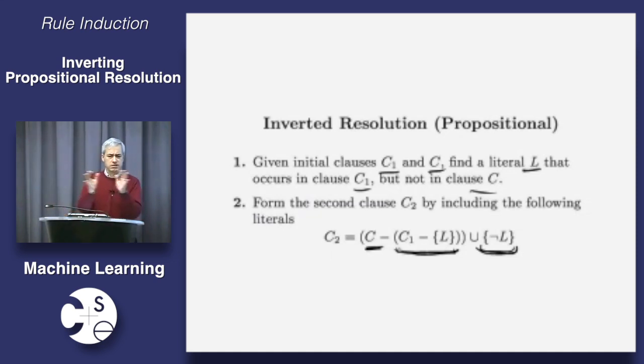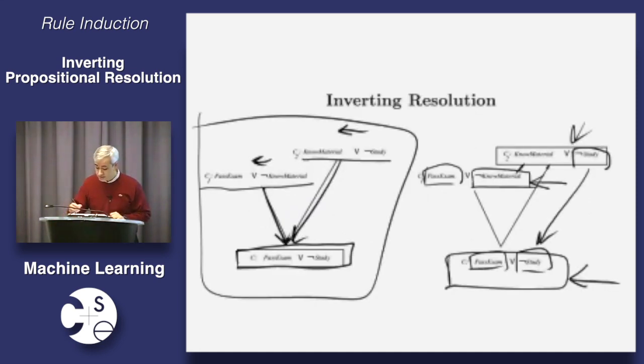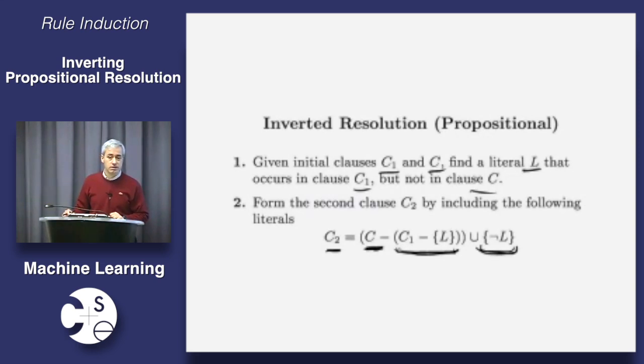So let us parse this. This was a big mouthful, so let's see what happens here. C2 is going to contain everything that C contains that couldn't have come from C1. This is the not study literal in our example. So everything that is in C that wasn't in C1 has to have come from C2, so we need to put those things in there. Of course, excluding the L, because that one is actually going to disappear, and for a different reason.